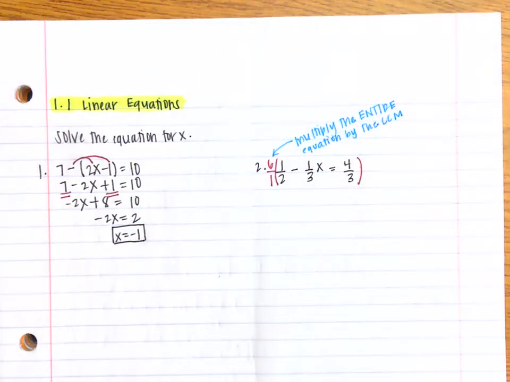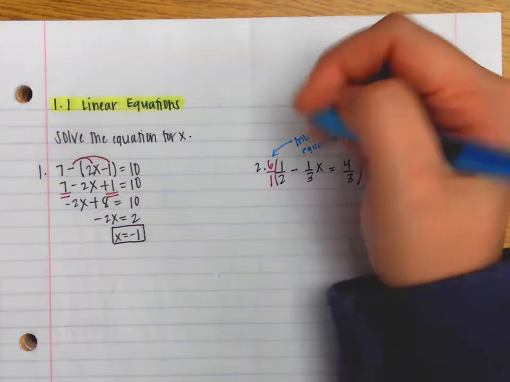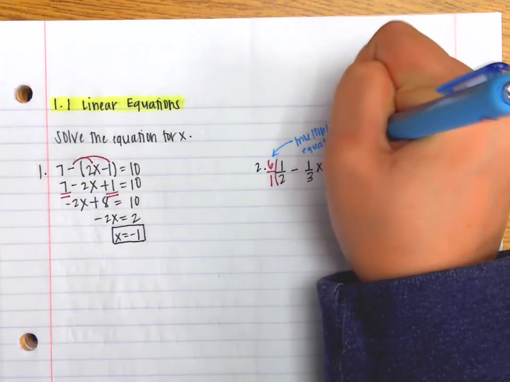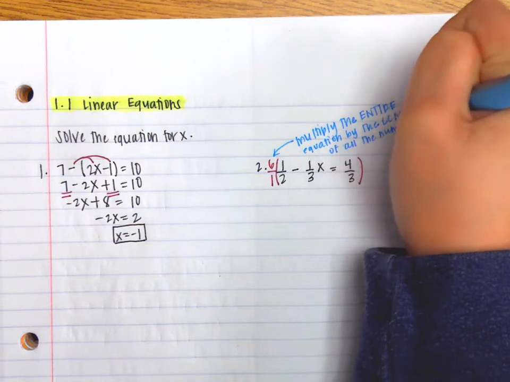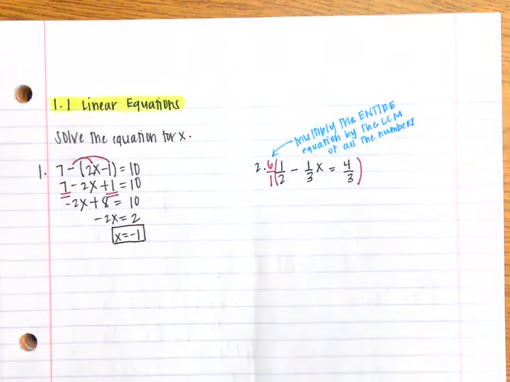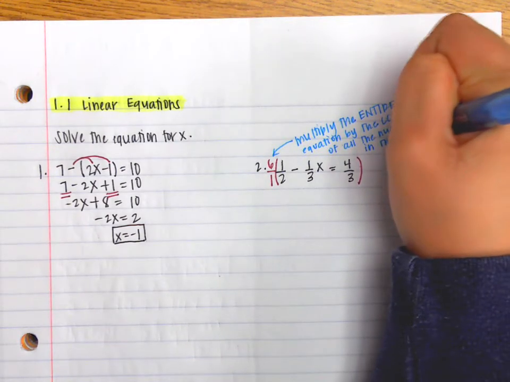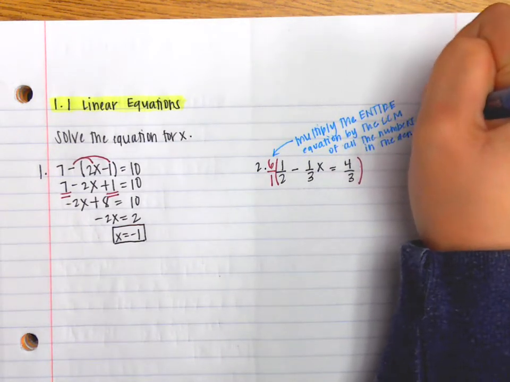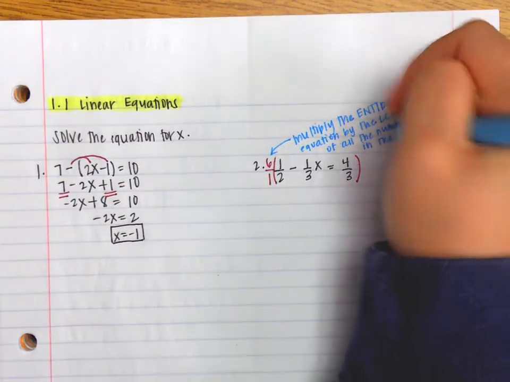The least common multiple is always the same as our common denominator of all the numbers in the denominator. Which between 2, 3, and 3 was 6.